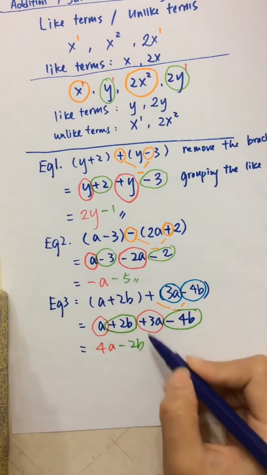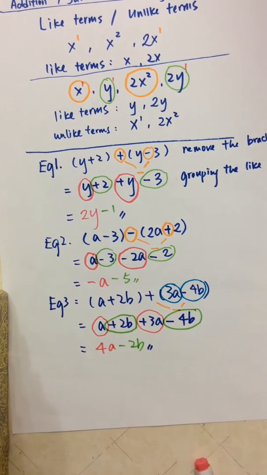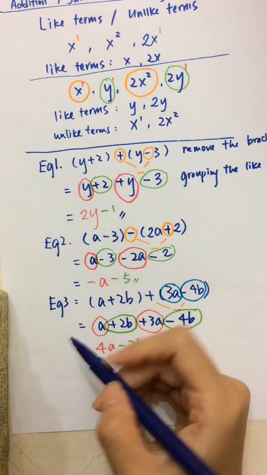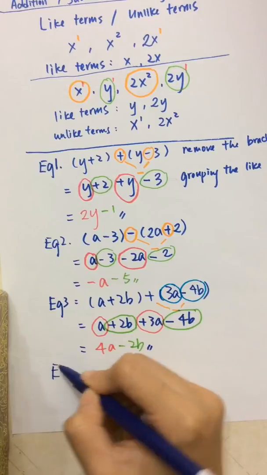So, is this easy for you? I think yes. If you know the rule, it is so easy. Okay, for the next one, how to do it with negatives.